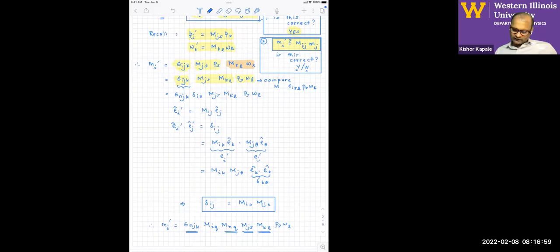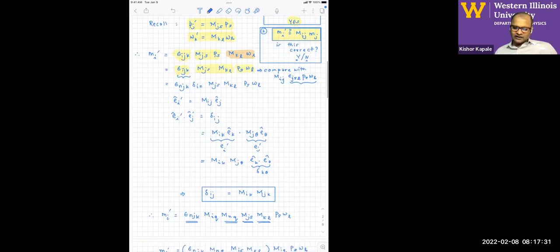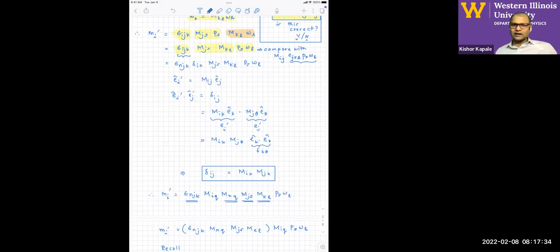I needs to survive, and something needs to be repeated. This is a vector with the i component, and then j needs to be summed over. So let's call it j, just to be sure. And so you would have Mij epsilon jsl Ps Wl. That's compared with this, right? You can already begin to see that that's not what it looks like. It looks slightly more complicated than that, right?